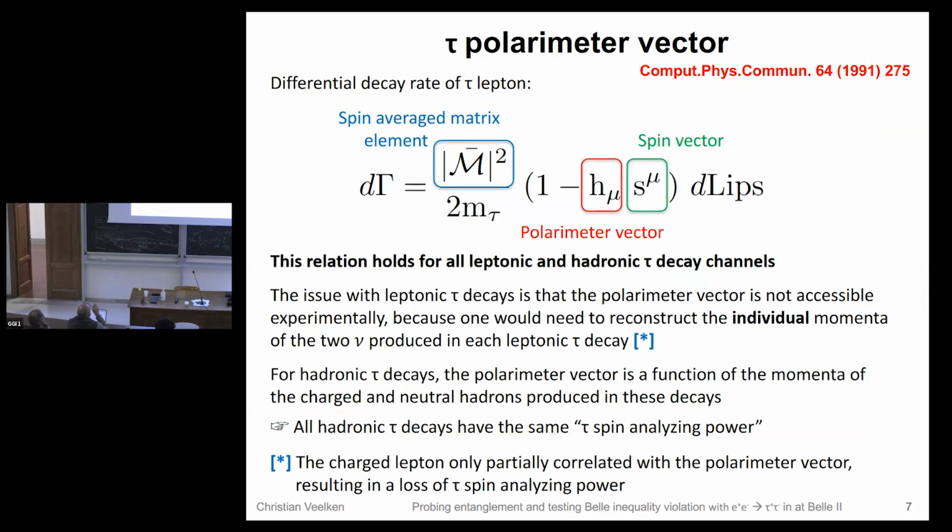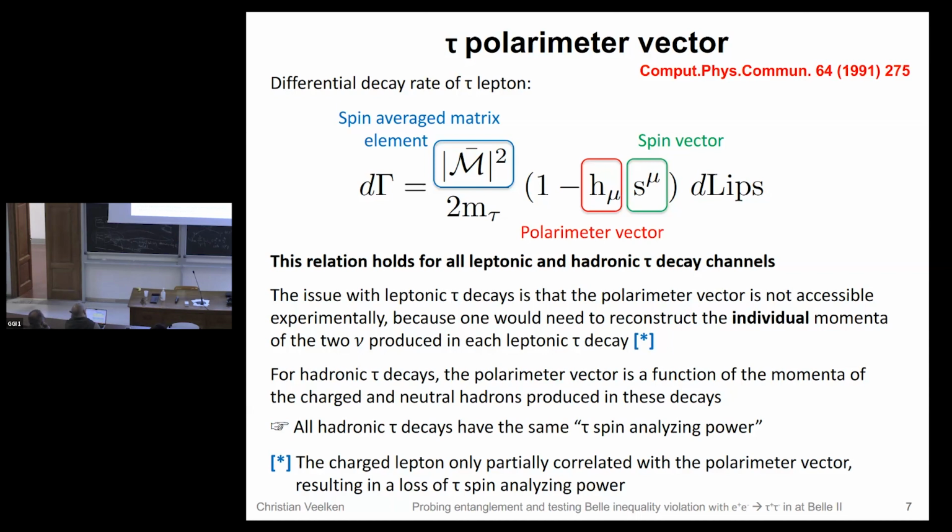So in order to reconstruct the polarimeter vector in tau decays to electrons or muons, you would need to be able to separate the two neutrinos, and this is experimentally not possible. What we can only do is the vectorial sum of the two, or we take the momentum of the charged lepton, but the charged lepton is only 40% correlated with the polarimeter vector, which means that we lose a factor 2.5 in spin analyzing power.